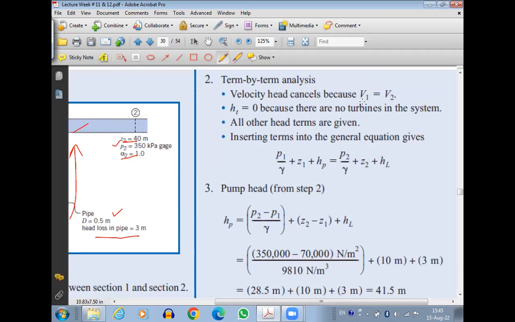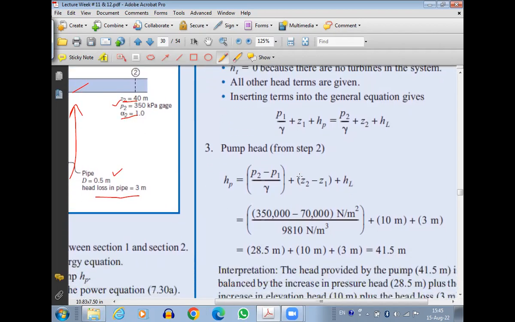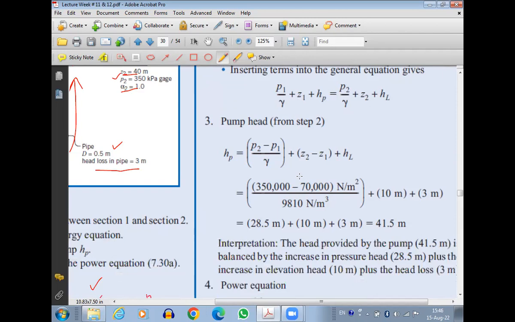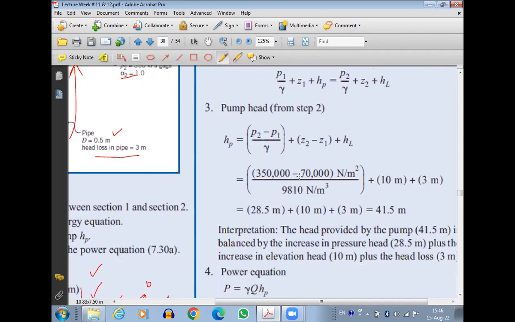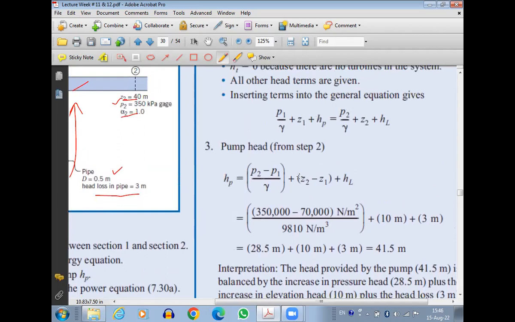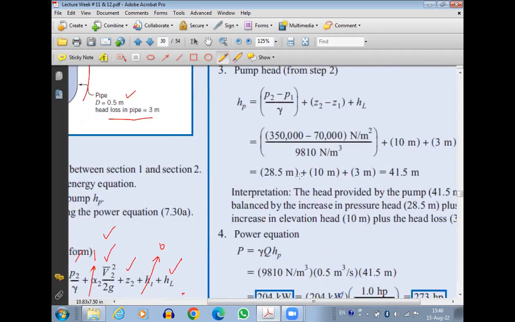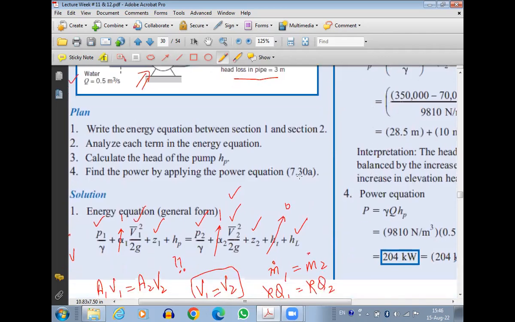So V1 is equal to V2. HT is 0. Substituting all the values, we know P1, we know P2, we know Z1, we know Z2, we know HL. So we can find what is HP. Here, one thing: since we know that V1 and V2 are the same, we don't even need to calculate V1 and V2.